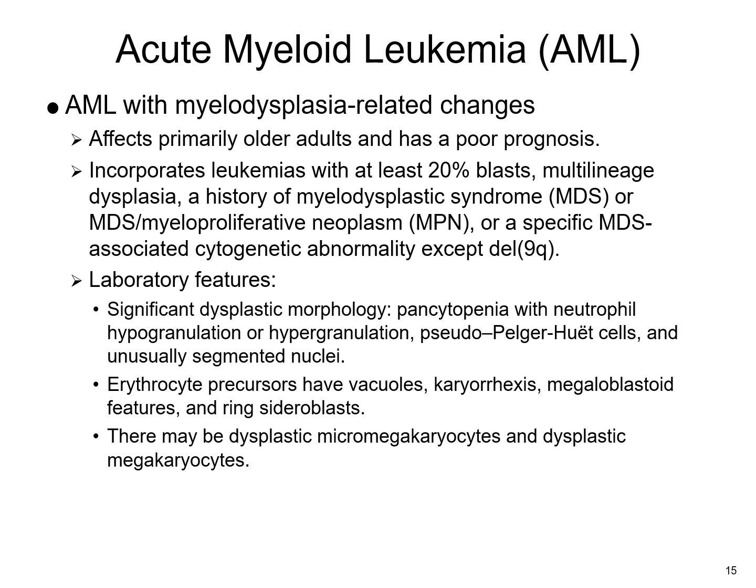They can have some other abnormal looking features, including ring sideroblasts, and there may be dysplastic micromegakaryocytes and dysplastic megakaryocytes. So you're going to have some of those abnormal looking megakaryocytes with that platelet lineage.